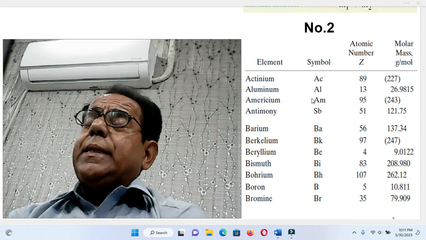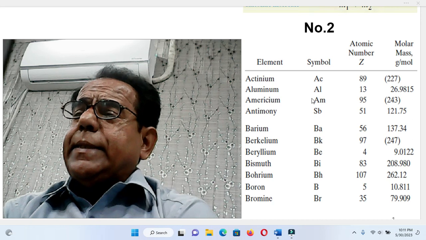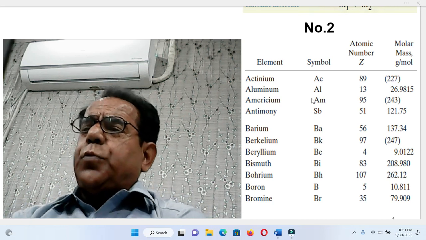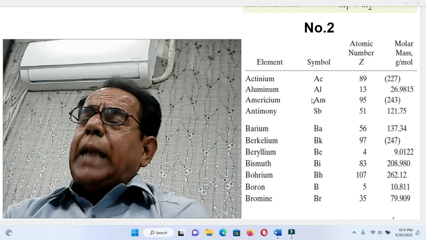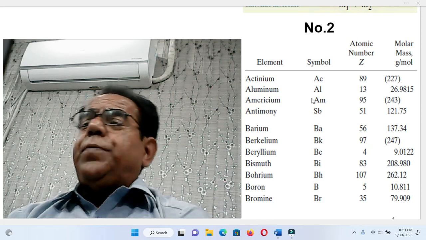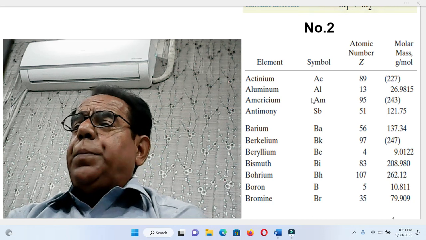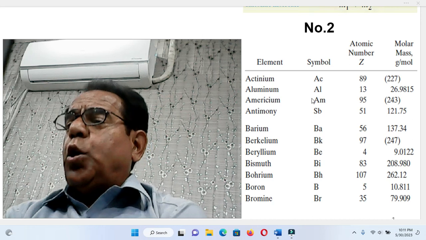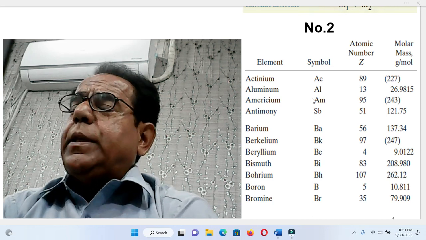The main thing which needs to be displayed in this first part of tool number 2 is that in the first column the element name is given, in the second column the symbol of that element is given, in the third column the atomic number Z of that element is given, and in the fourth column the molar mass, that is gram per mole, is given.